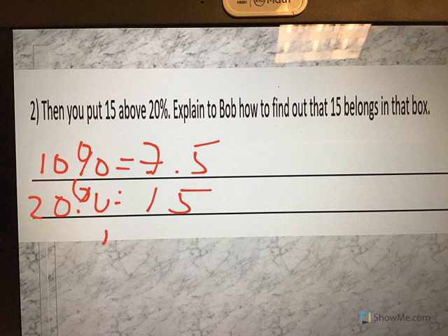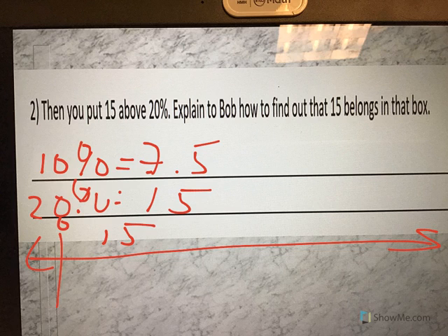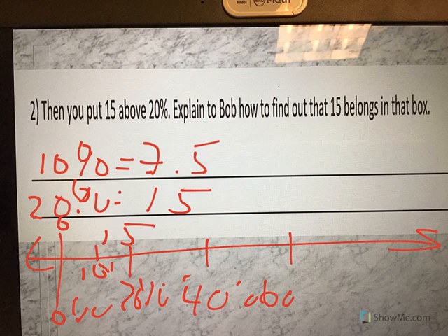So I'm going to do it that way. I put 15 above the 20% on my number line. That's my 20%. So I know that 10% is right there, which is the 7.5. I know that I did 30%, or excuse me, 40%. I did 60% and then 100%.